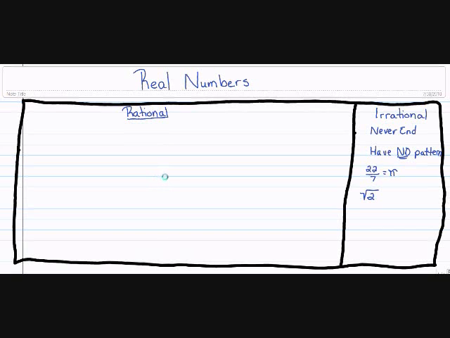Rational numbers, let's start with the smallest number. These are 1, 2, 3, 4, and so on. These are called your natural numbers. There's no decimals, there's no fractions, and they start at 1.